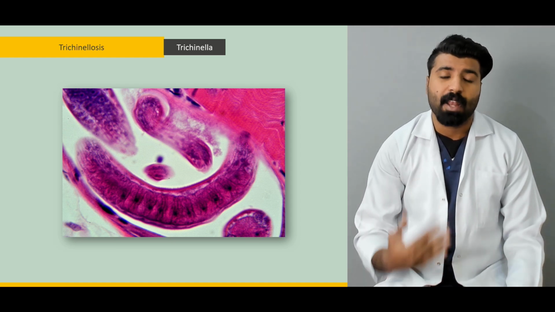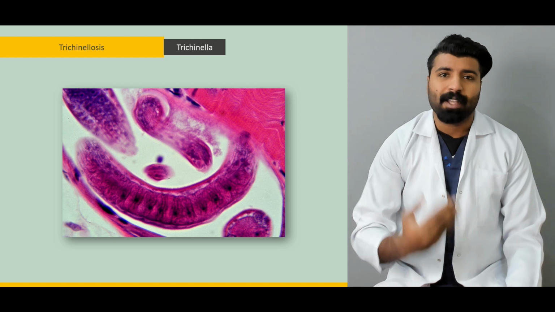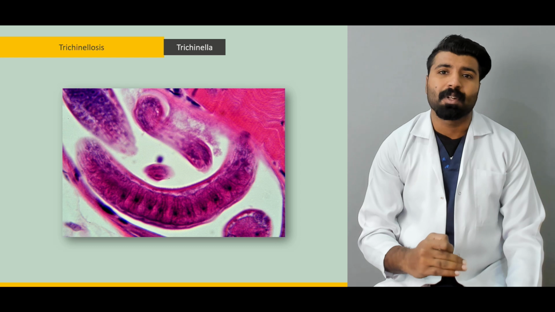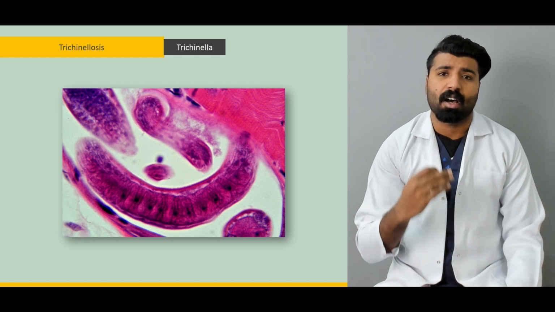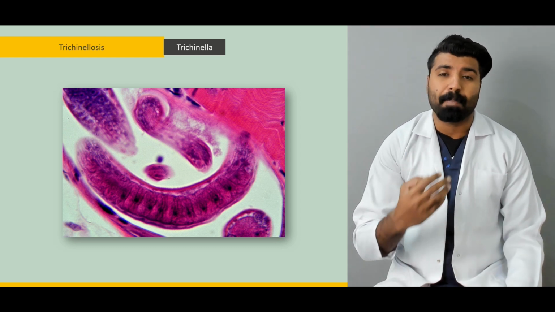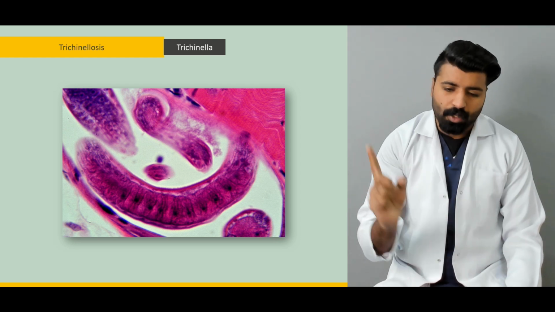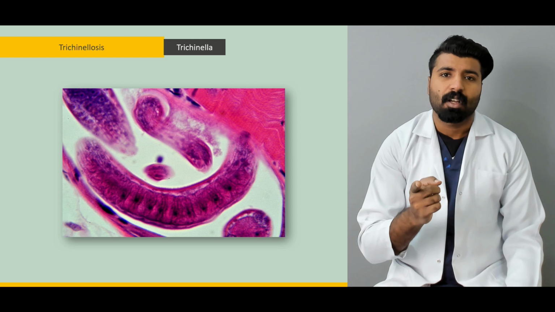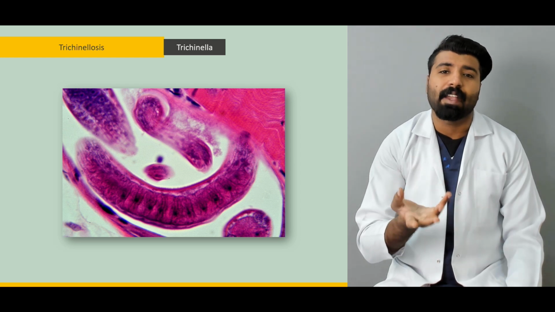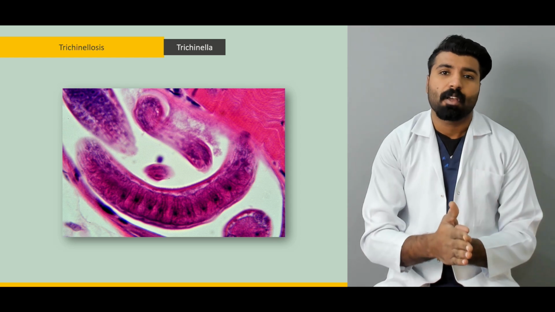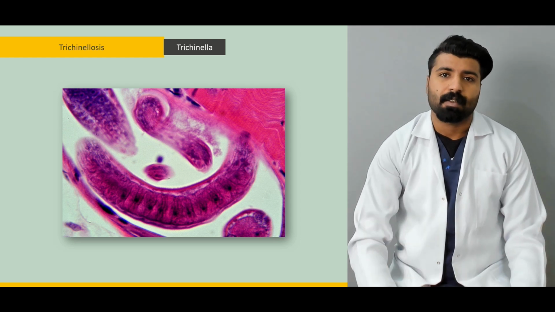But whenever you look at them through a microscope or any other modality, what you will see is a parasite whirling around itself. It will fold itself on itself, and it will give you a round appearance. That's how we call them roundworms for our convenience.